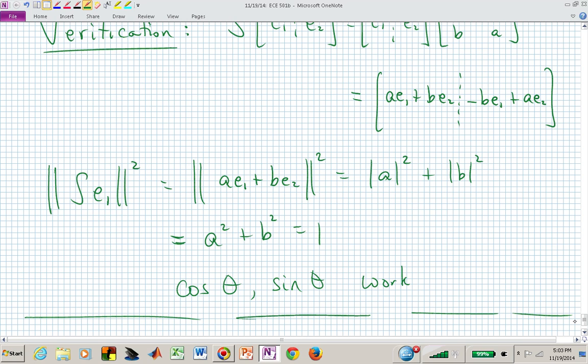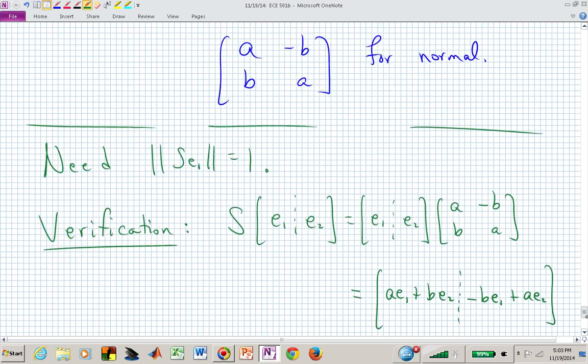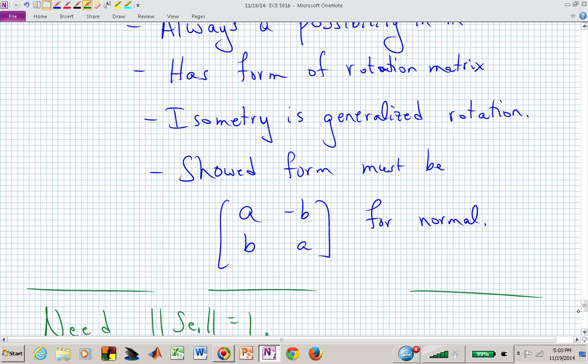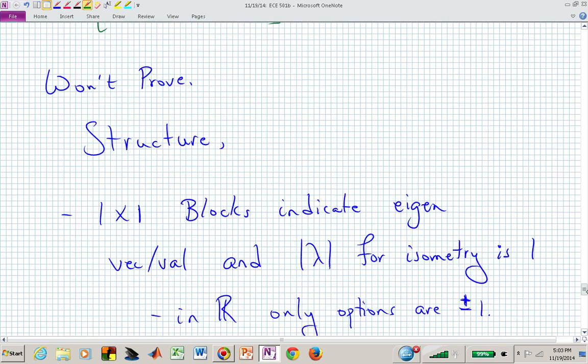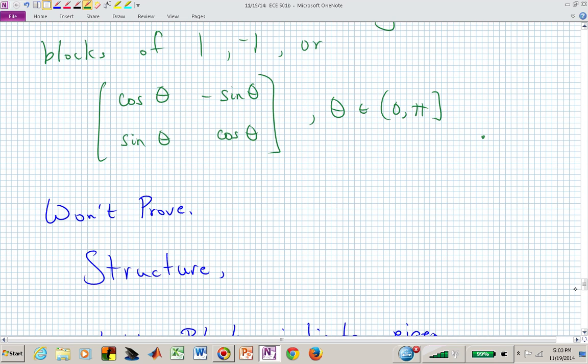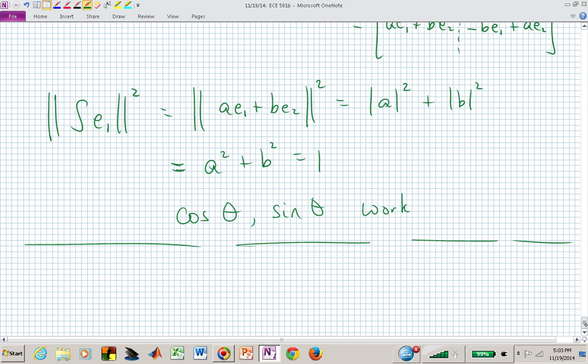So that's this verification of this structure, A minus B, B, A, when we're dealing with real inner product spaces, or you could think of it as cosine theta, sine theta and minus sine theta, cosine theta. That's going to happen when we're dealing with real inner product spaces.